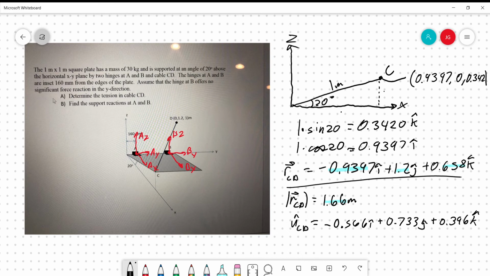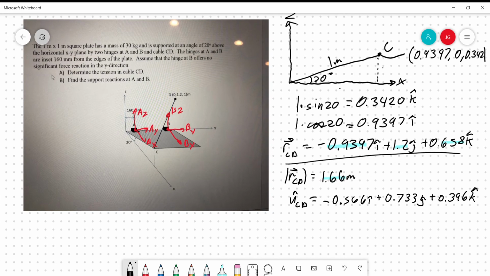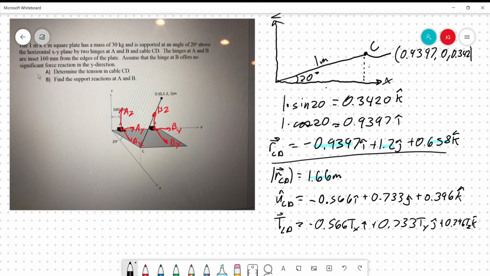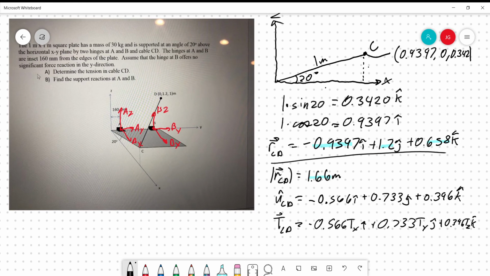So the tension force, we can make it so tension is equal to negative 0.566 Tx i plus 0.723 Ty j, then plus 0.396 Tz k, right? And boom, we have the unit vector for TCD.